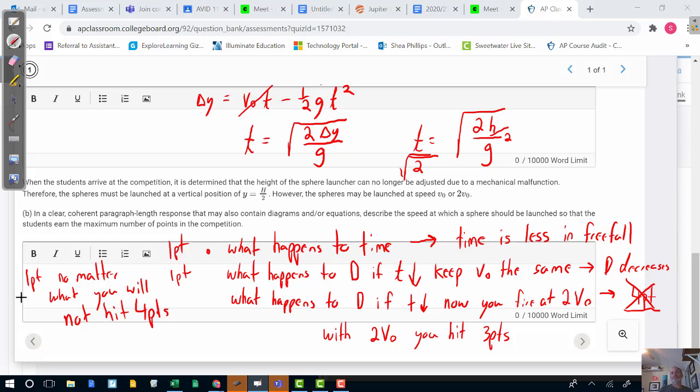You could get a point for that. So let's just say, I forget how many points are in total here, but if you can score these 3 points and then the 2 from above, you're at 5 points. You're doing really well if you score those 5 points.